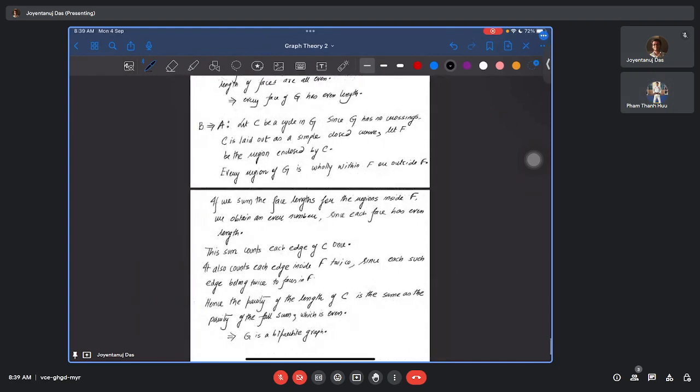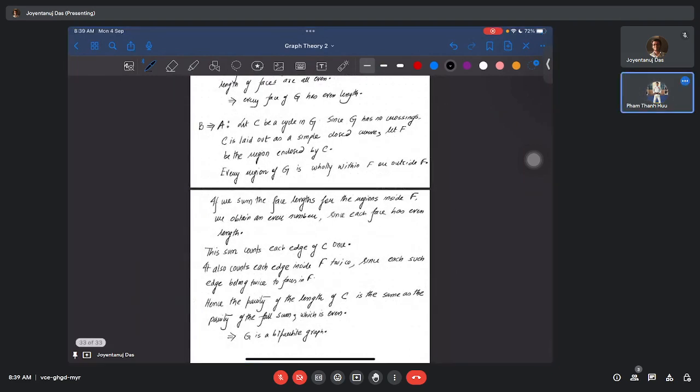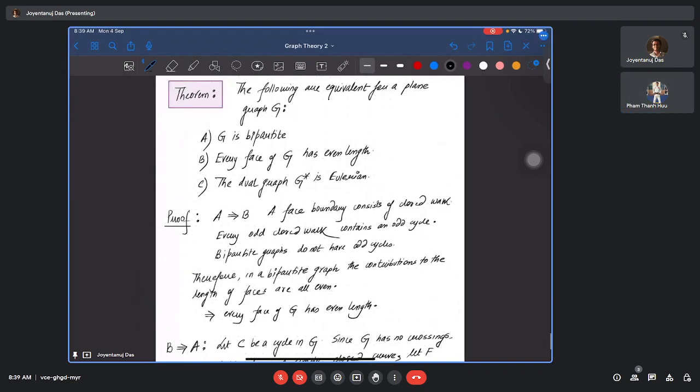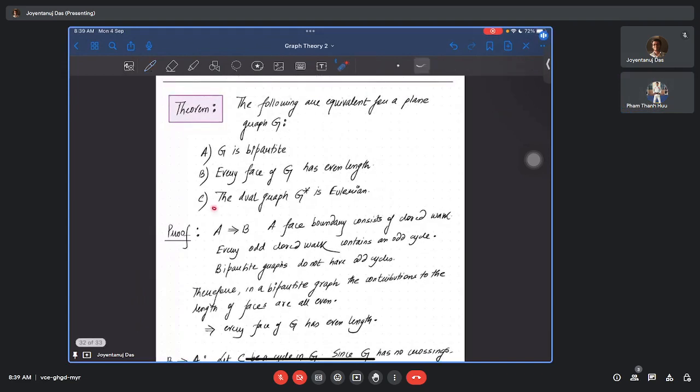So this part is clear. Now the only part left is C. For C, we have to show that the dual graph G star is Eulerian, right? This will be easy because it follows from part B: since every face has even length, all the vertex degrees of the dual will be even, right? Now we know the property of an Eulerian graph: we can verify that if all the vertex degrees are even, the graph is Eulerian.